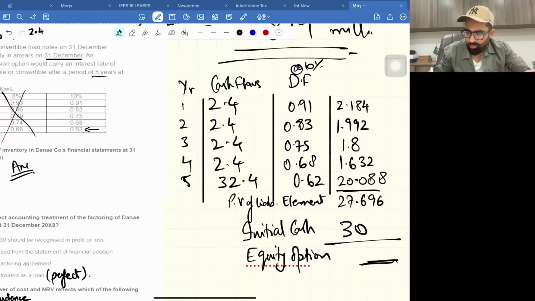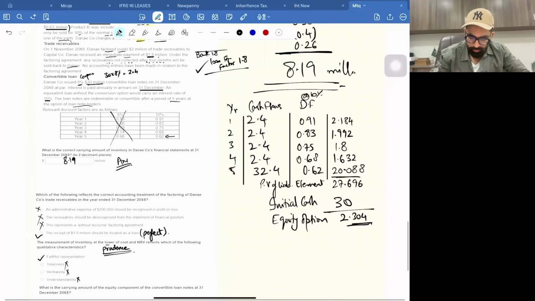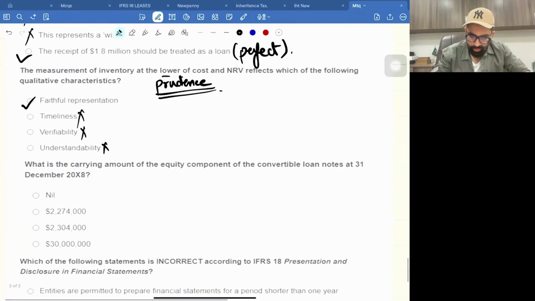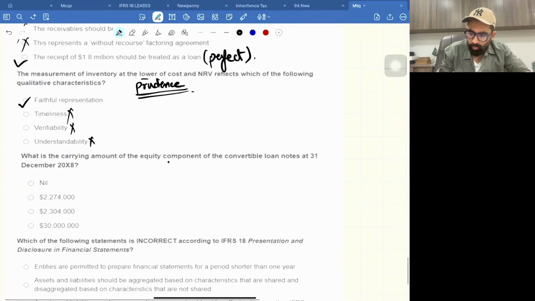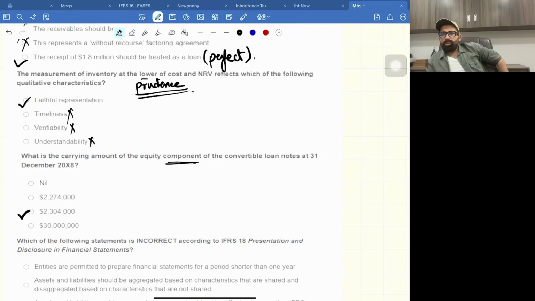Now 2.304, right? And if you remove this million sign, it will be 2,304,000. Now read it. What are they asking? What is the carrying amount of the equity component? It's going to be this 2,304,000. Easy question. Routine question. Are you getting?